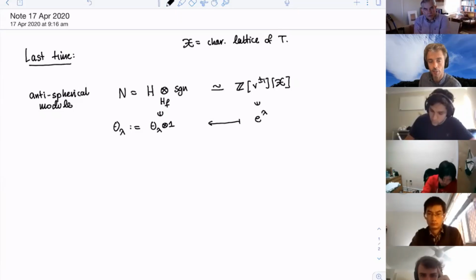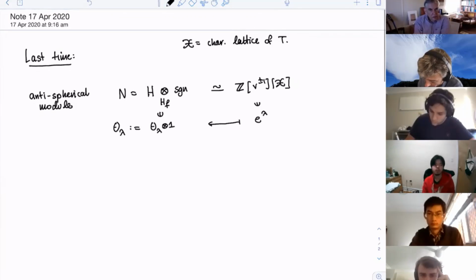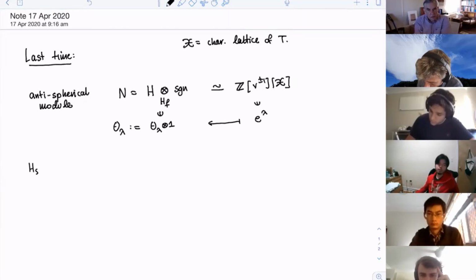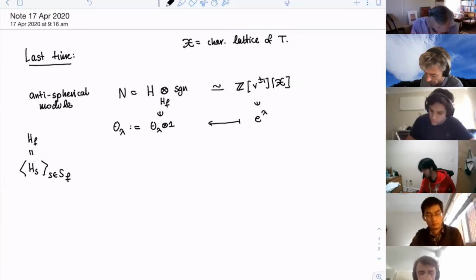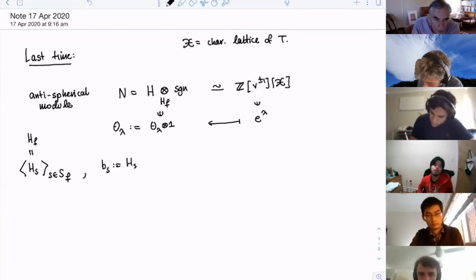And the other thing that we did last week was, so this finite part has these H_s's. The finite part is generated by these H_s's for s a finite simple reflection. But as often in the theory, we prefer to use a Kazhdan and Lusztig type generator, which is H_s plus v.